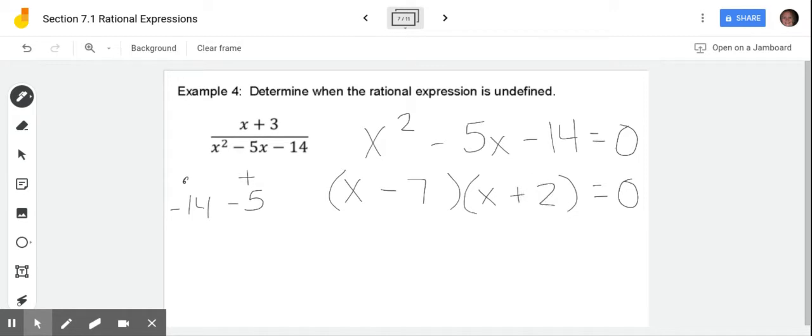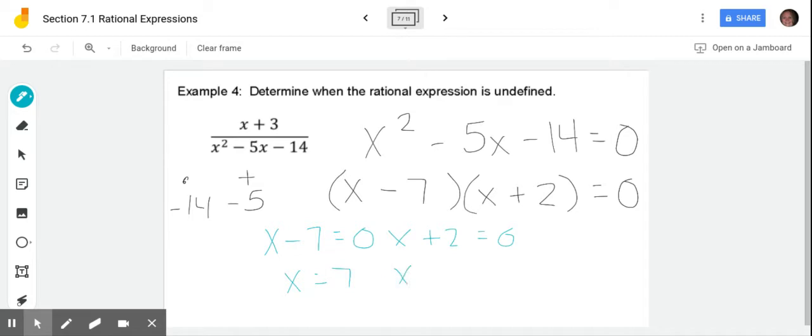Negative 7 times 2 is negative 14. Negative 7 plus 2 is negative 5. So now I have my two expressions that I can set equal to 0. X minus 7 equals 0. X plus 2 equals 0. When I solve this one, I get that x equals 7.